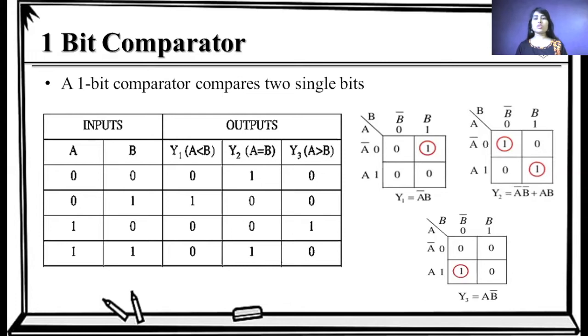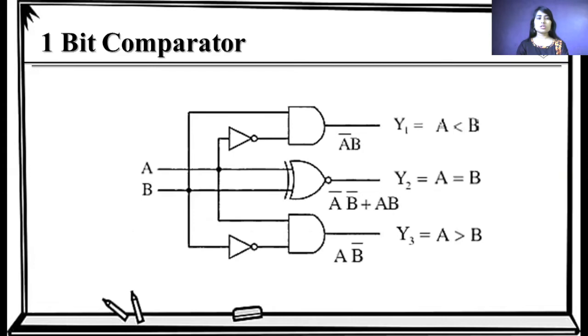So we have the equations: y1 equals A dash B, y2 equals A dash B dash plus AB, y3 equals A B dash. Here y2 equals A dash B dash plus AB, which is equivalent to the XNOR function A XNOR B. So we can implement this 1-bit comparator using these equations. Here we have the logic diagram.